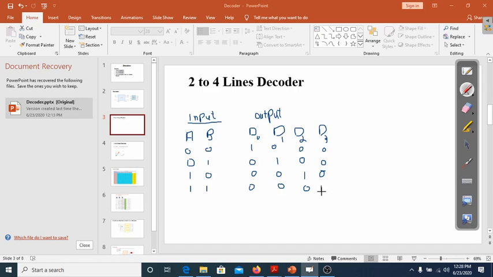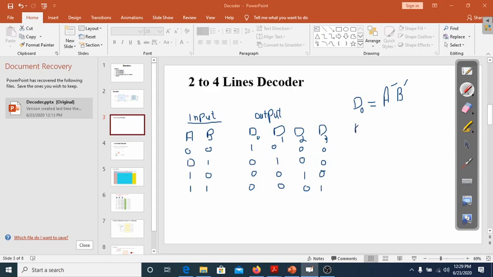So by solving this truth table, I can write D0 is equal to A prime B prime, or A complement and B complement. For this output, only this minterm exists.